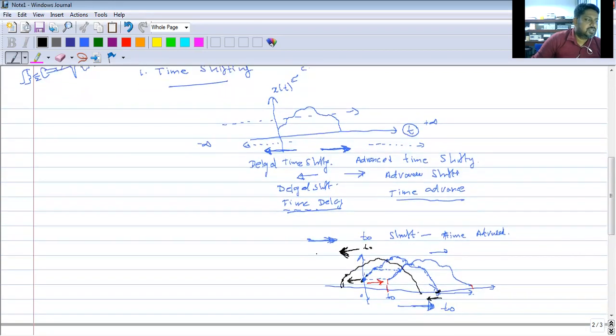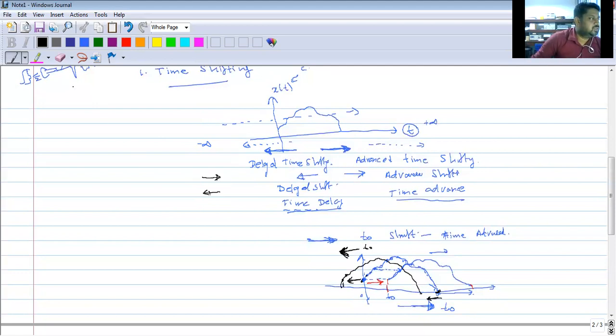So we can come across two cases: advanced shift, or time advance, and the other case, time delay, or delayed shift.